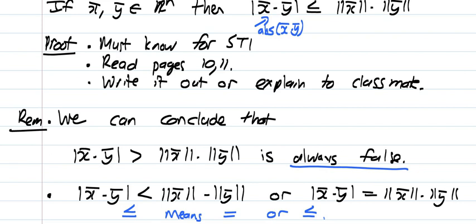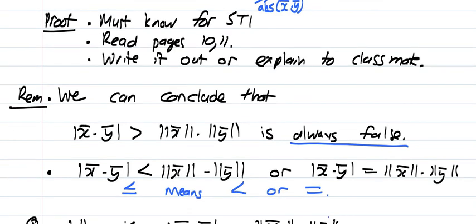Because of the meaning of the less than or equal symbol, it means that either the left-hand side is less than the right-hand side, or that the left-hand side is equal to the right-hand side. Let me quickly fix this up. So that means either it's less than or equal, all right? So that is what it means, all right?